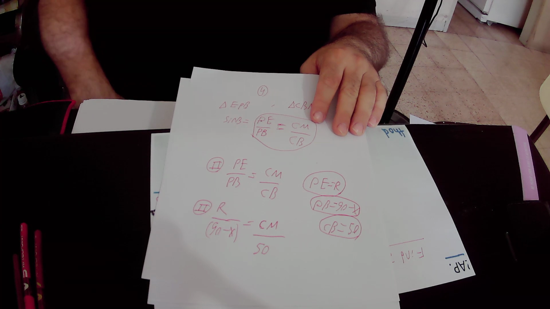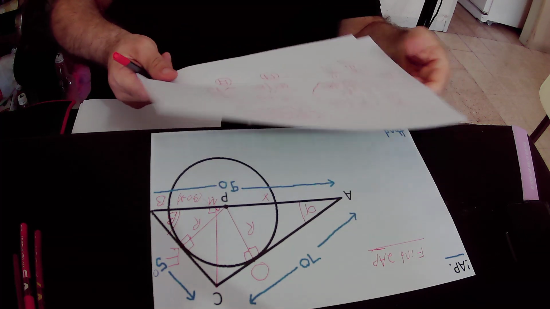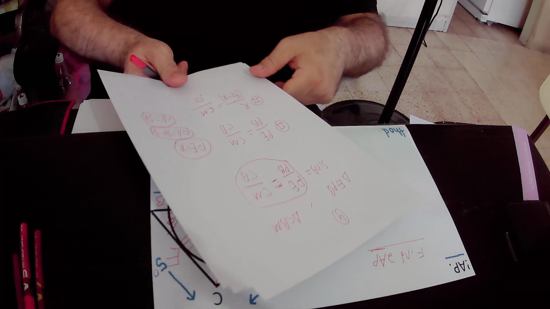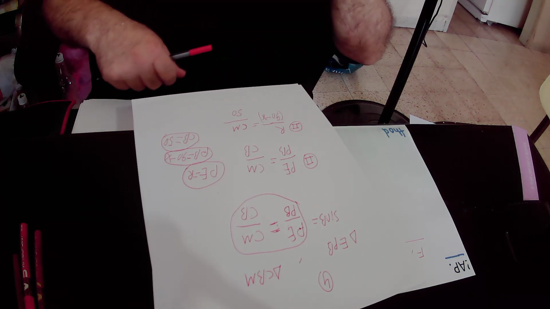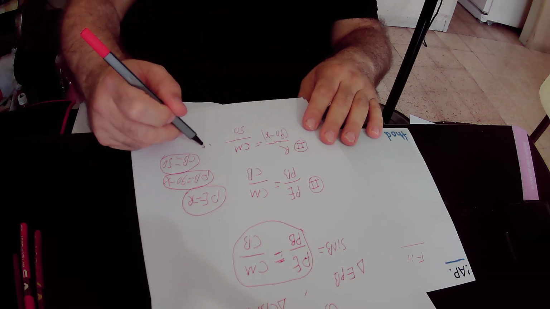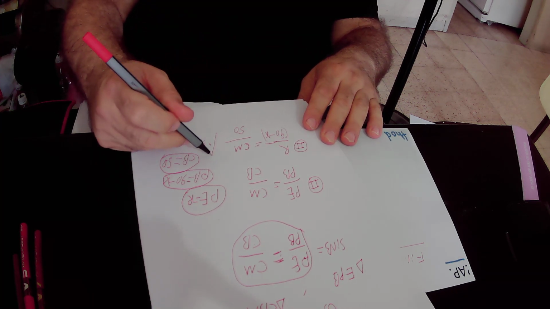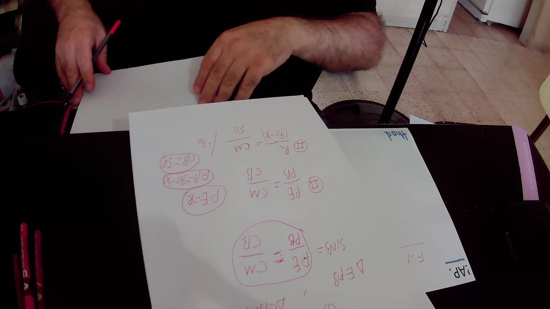Okay, so in the next step, we will multiply both sides of the equation by 50.